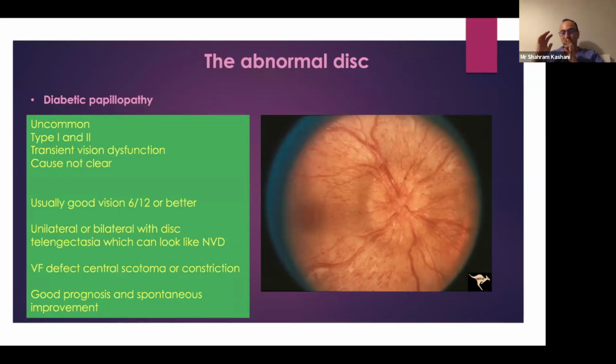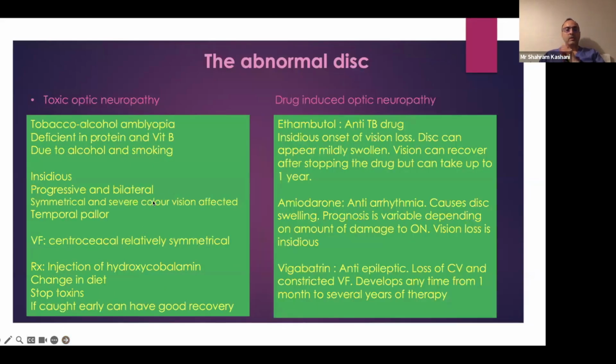You almost think loads of NV disease. In fact, this is not NV disease. They're just telangiectasia-like lesions, but the vision is often quite good and it tends to spontaneously get better. You might get a visual field defect in the form of a scotoma or a constriction, but the prognosis is quite good. That's in a patient with type 1 or type 2 diabetes.